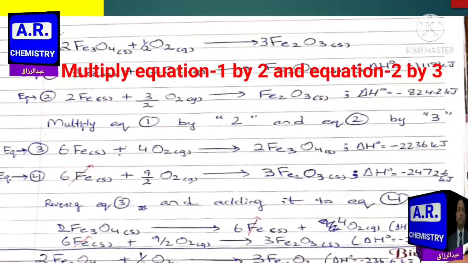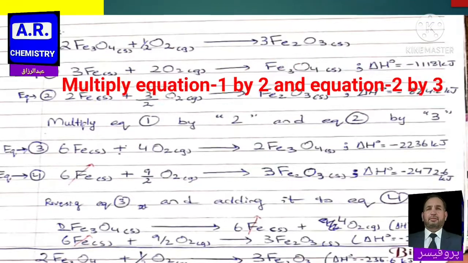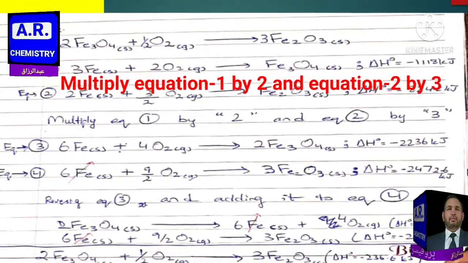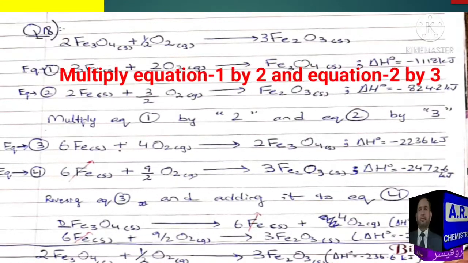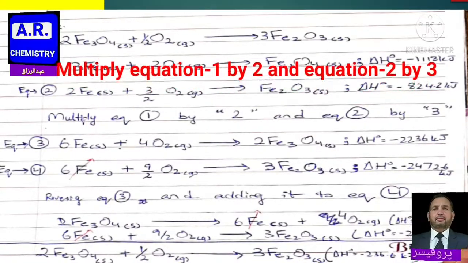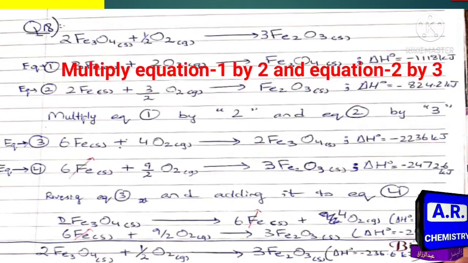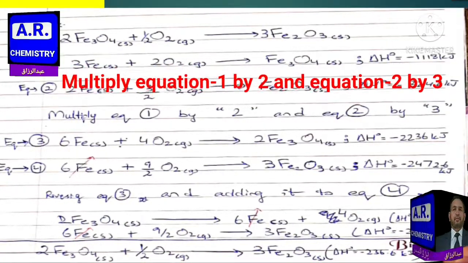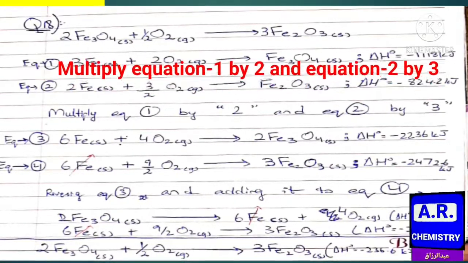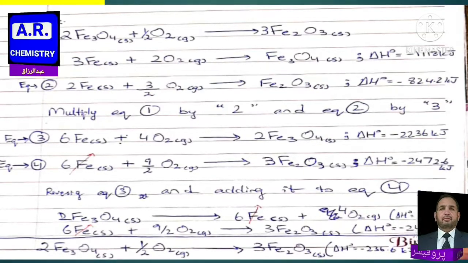In the next equation, that is equation 4, after multiplication you will have 6 iron plus 9 by 2 O2, and in the products you will have 3 Fe2O3. Also you have to multiply the enthalpy values with the same number.